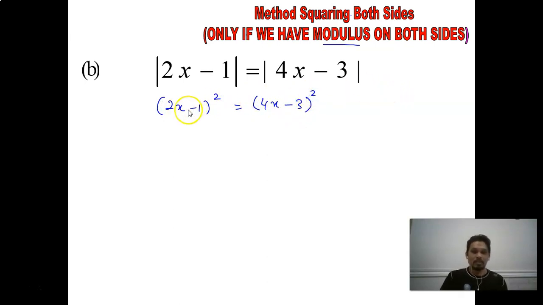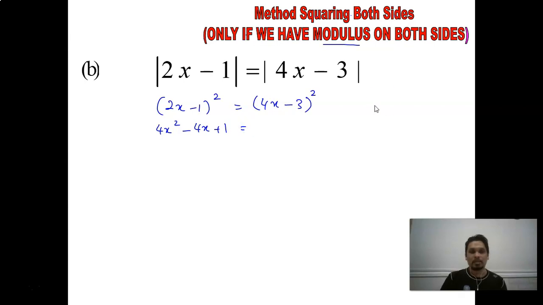Expand this one: 2x minus 1 multiplied with 2x minus 1. 2x multiplied with 2x is 4x squared. 2x multiplied with negative 1 is minus 2x, another minus 2x, so minus 4x. Negative 1 multiplied with negative 1 is positive 1.